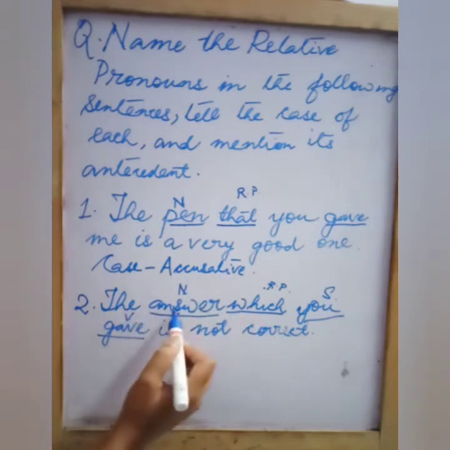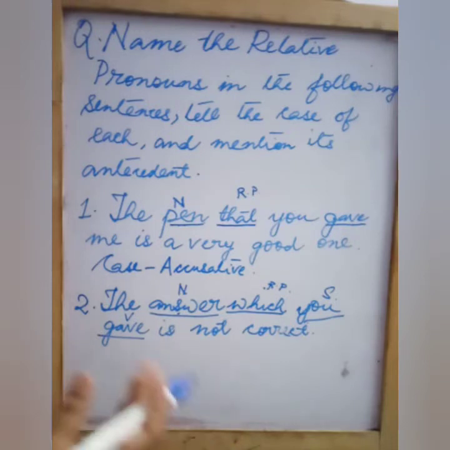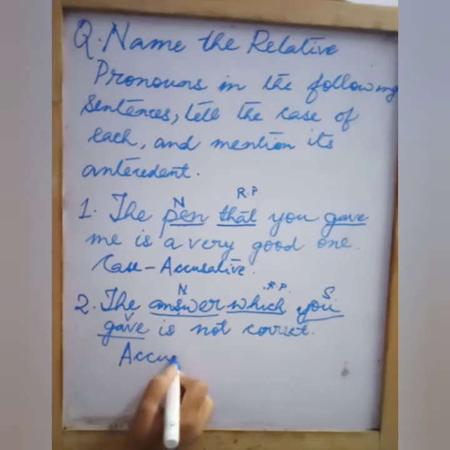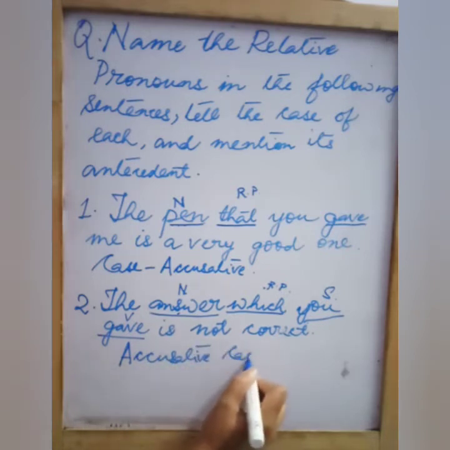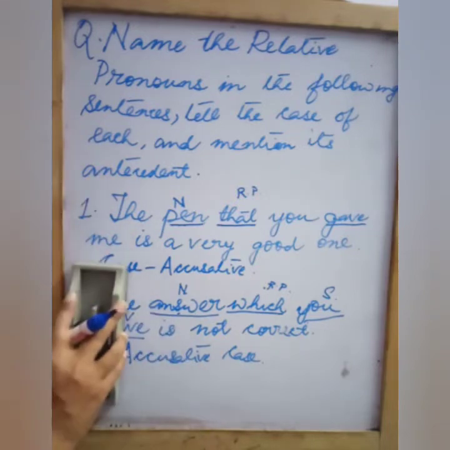In this sentence the object is coming before the verb. Hence it is what? It is an objective or accusative case. It is an accusative case. Fine. I hope it is clear. Both the numbers number 1 and 2.